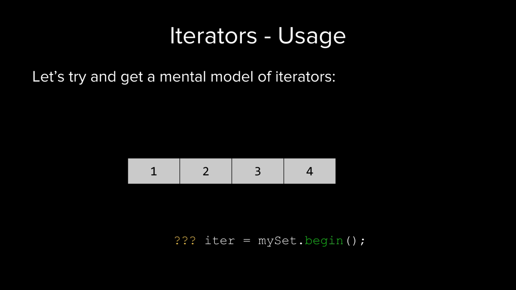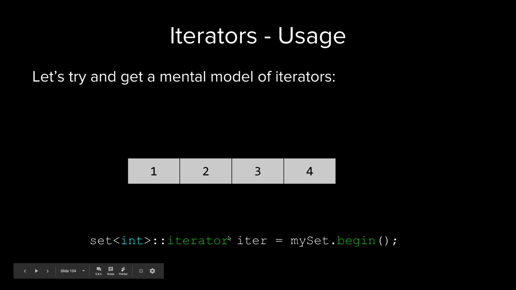That type is actually defined in the class that you're using. So if my set is a set of ints, then in the set<int> class, there's an iterator type that you will refer to when you want an iterator. Just to recap, you're getting the beginning iterator and storing it in a variable, and the type of this iterator is defined in the class.